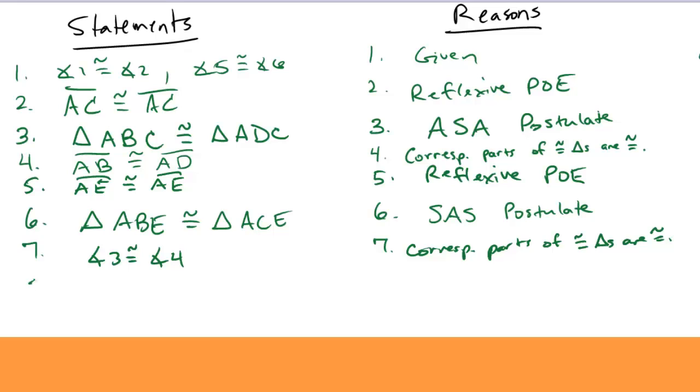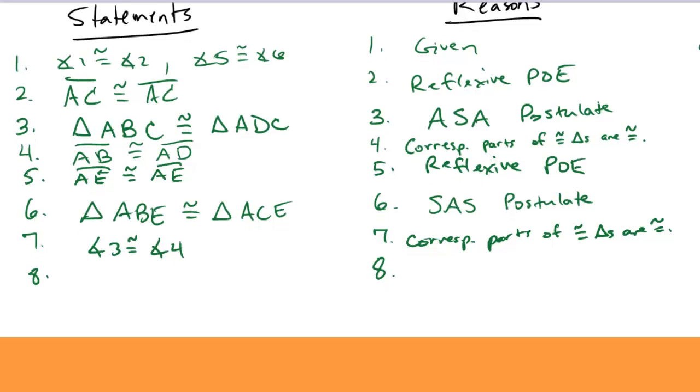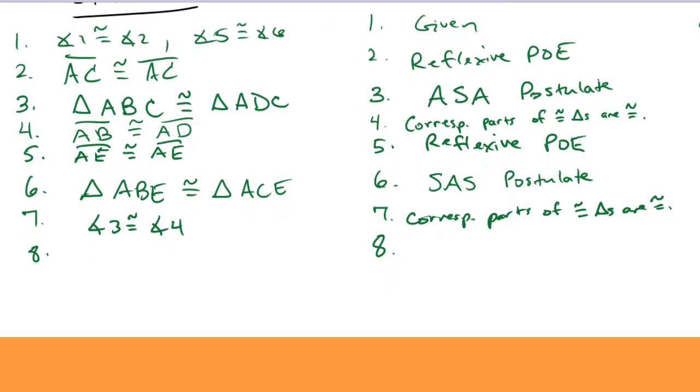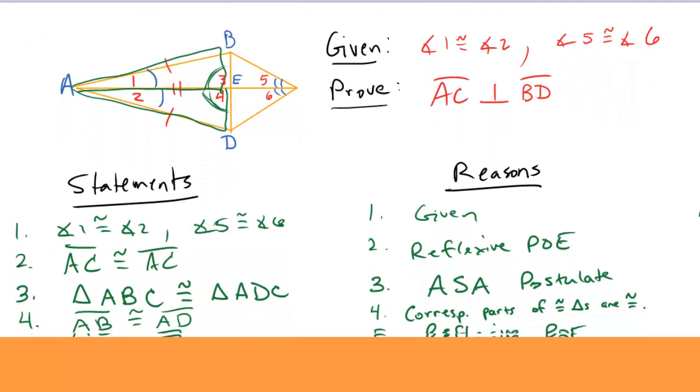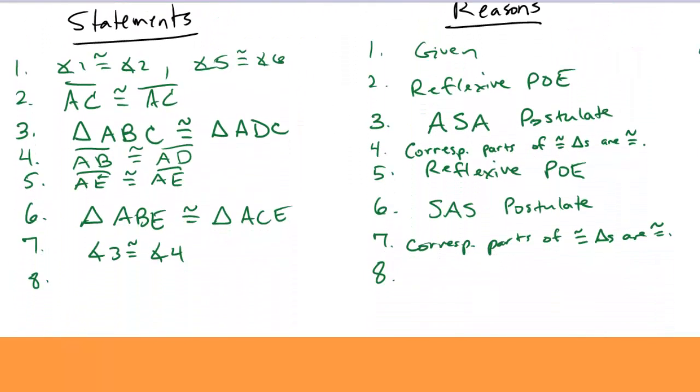And then I said, well, if I can show that 3 and 4 are equal, then I know they both have to be 90 degrees. And if they're 90 degrees, then the lines are perpendicular. And I can actually jump straight to saying that AC is perpendicular to BD. Because I had a theorem way back when we talked about perpendicular lines.